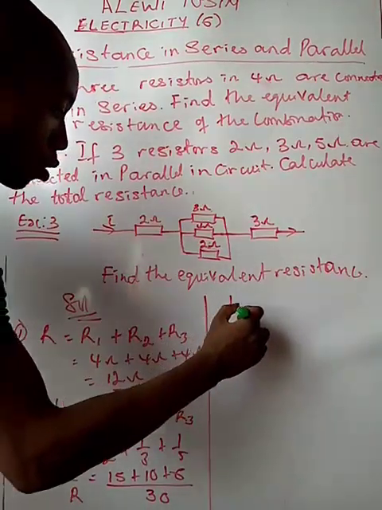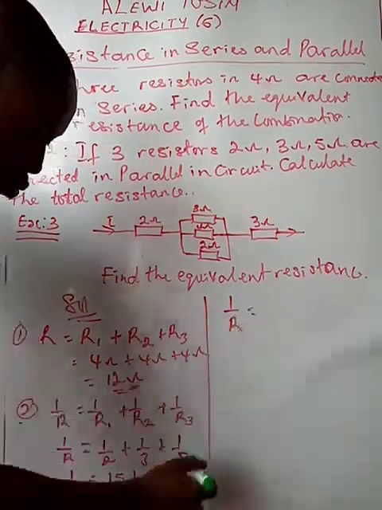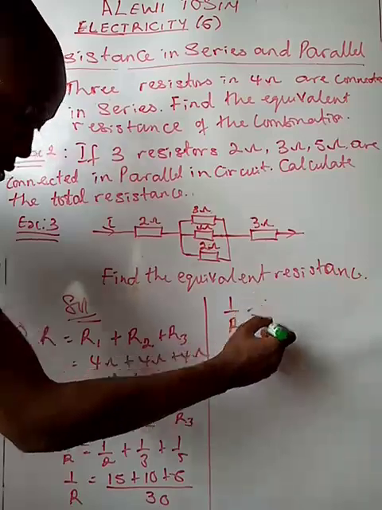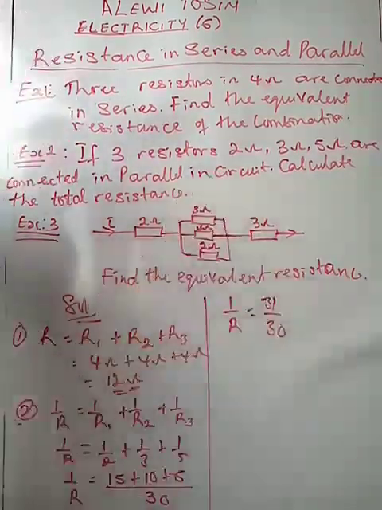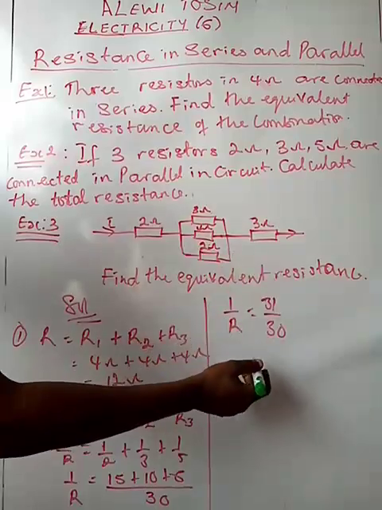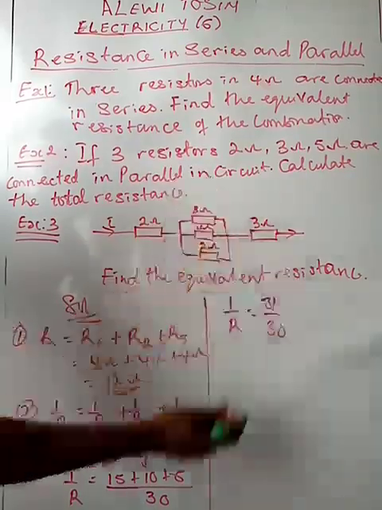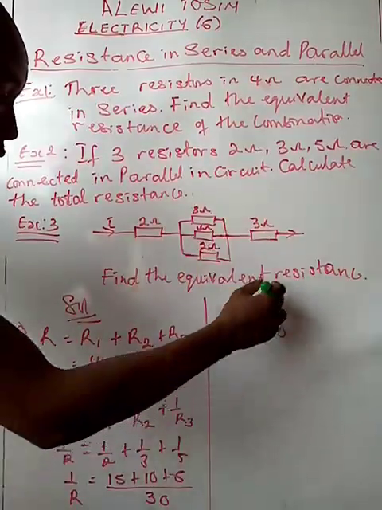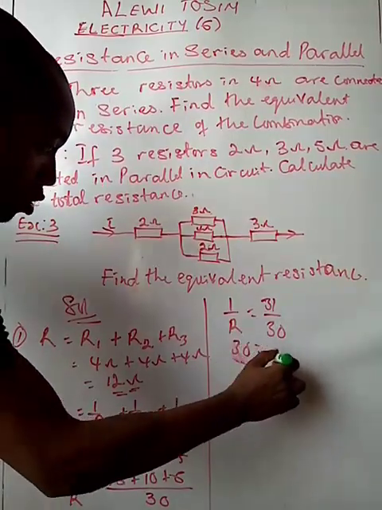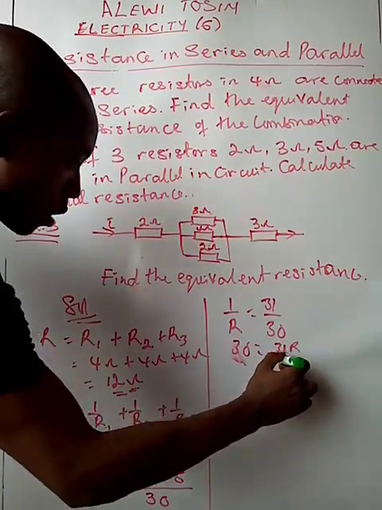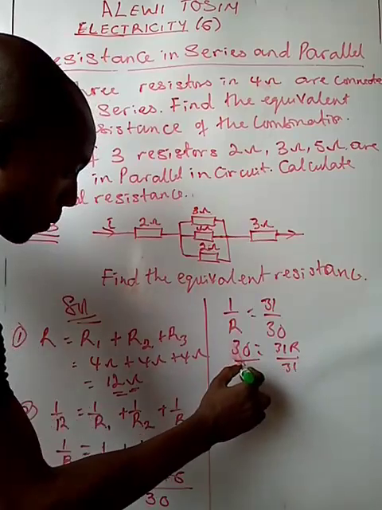So you have 1 over R is equal to 31 over 30. Now normally, the reciprocal, this R should give us 30 over 31. But just to make it clear, 30 is equal to 31 R, divided by 31.